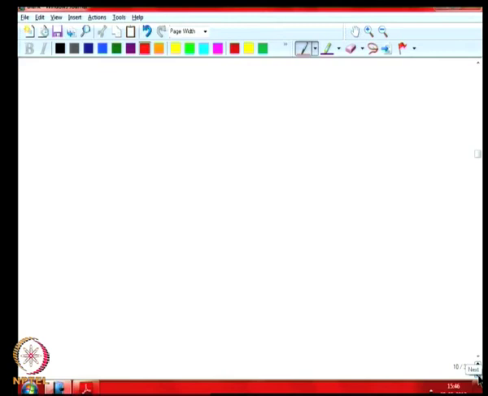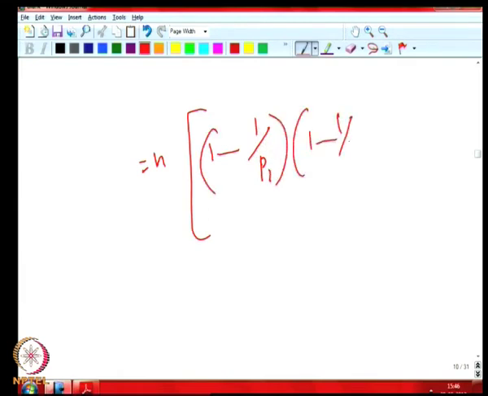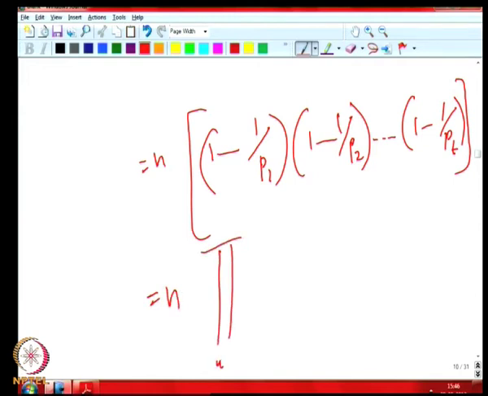This is n into 1 minus 1 by P1 into 1 minus 1 by P2 into 1 minus 1 by Pt. This is what we get. So, this is actually the product for i equal to 1 to t of 1 minus 1 by Pi, as promised.